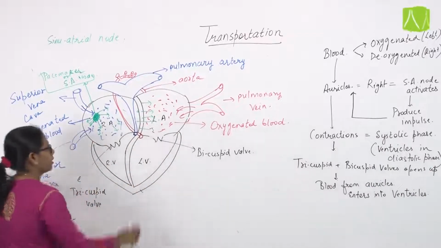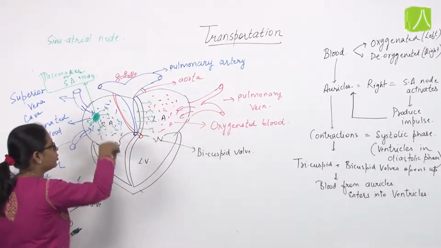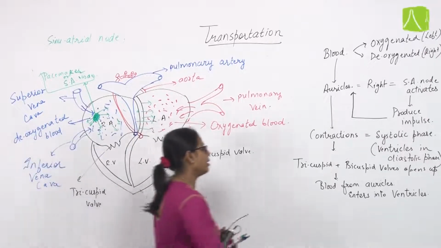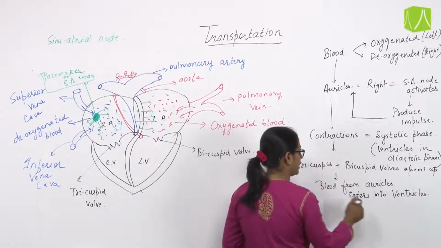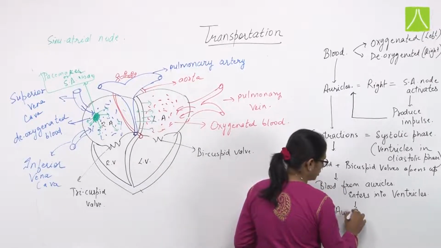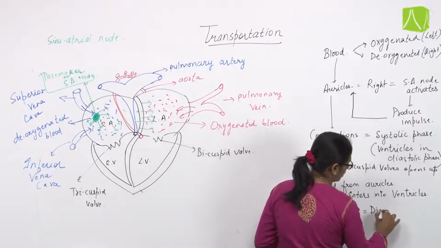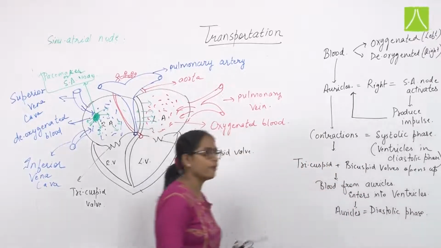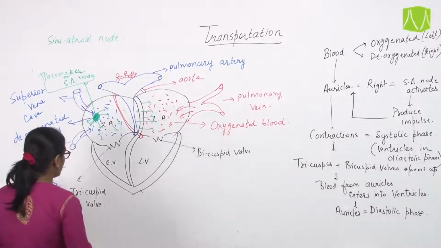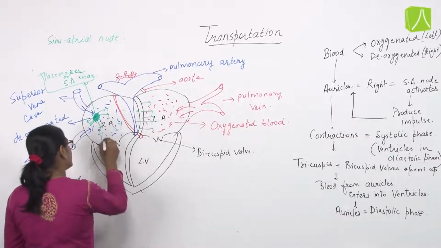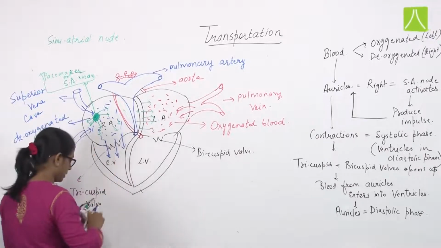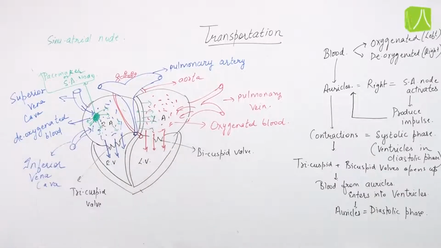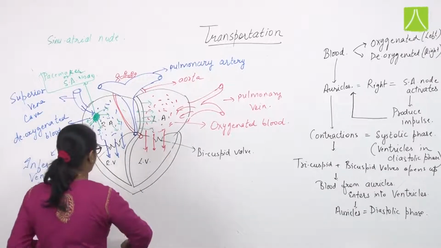Now when the blood is thrusting into the ventricles, the auricles undergo their relaxation phase, known as the diastolic phase. See here the blood is thrusting into the ventricles. So what happens now?